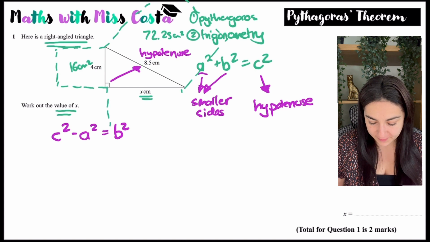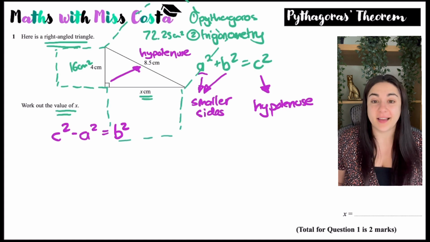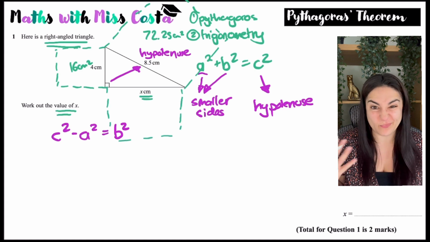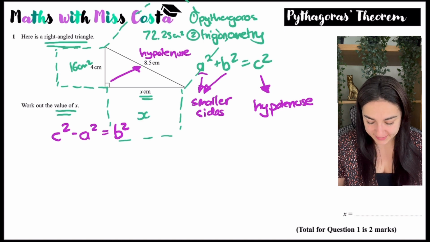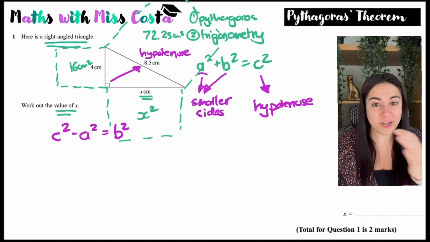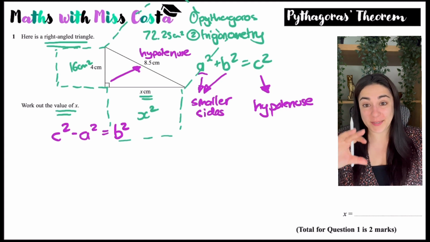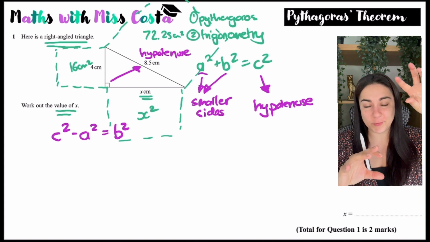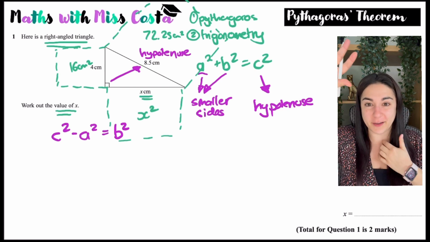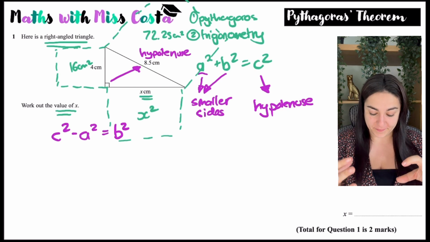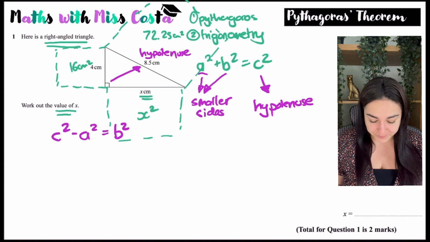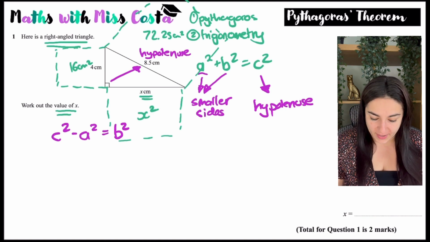And here you have a square with a length x, so you know that area is going to be x squared. Now, however you do this, for any right-angled triangle, the area of the squares formed by the two smaller sides will sum to make the area of the largest side, the square formed by the hypotenuse.